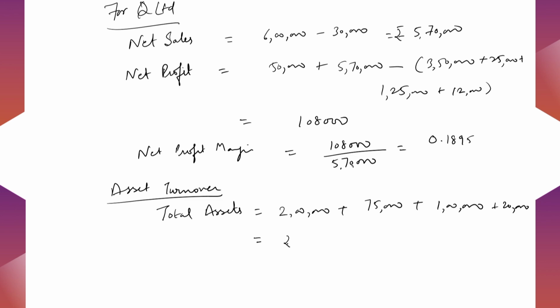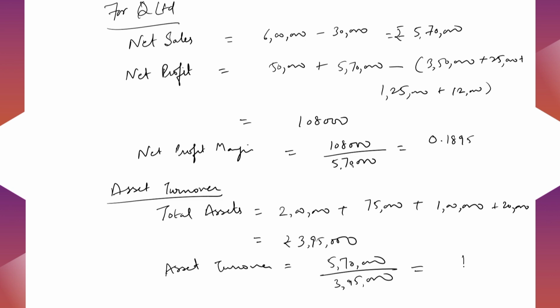It comes to the figure of 3 lakh 95,000. So asset turnover will be 5 lakh 70,000 net sales divided by 3 lakh 95,000, the total assets. The figure will become 1.44.